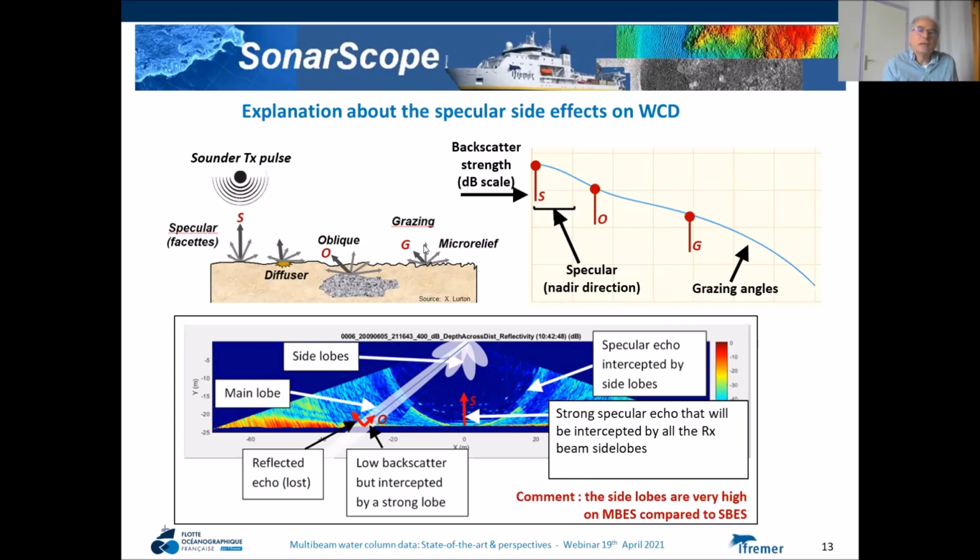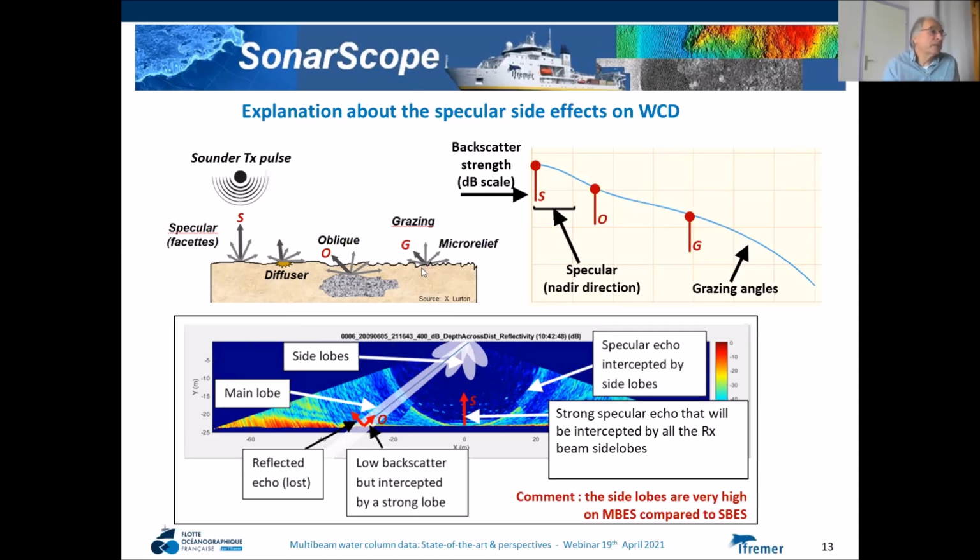On this slide, I symbolize the quantity of backscattered energy in 3 directions. The letter S corresponds to the specular of the nadir. Its energy is I. Point O corresponds to the backscattered signal for a slightly tilted angle, and point G for an important grazing angle.